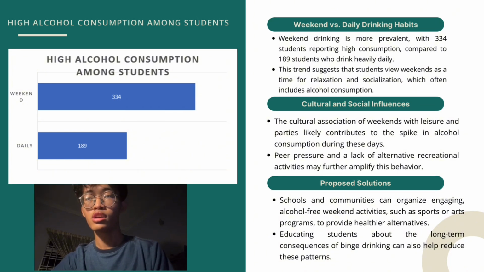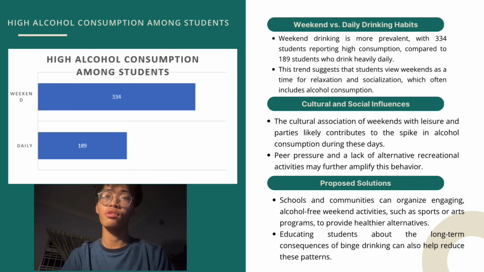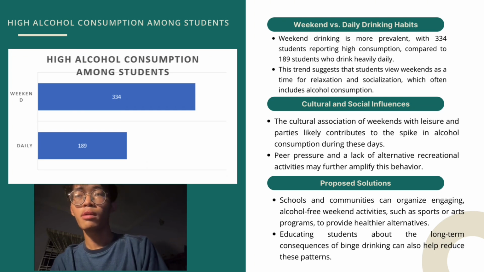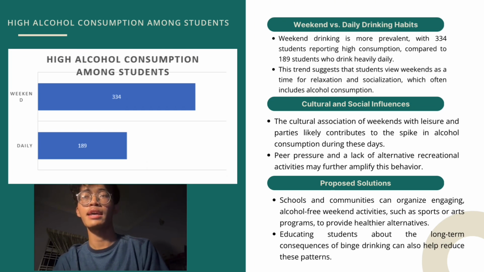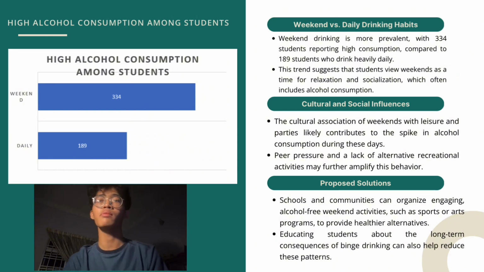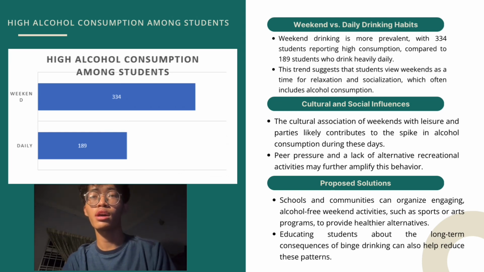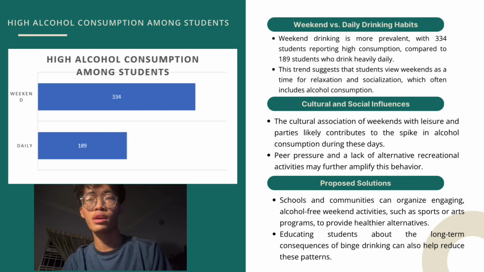This pattern shows a clear preference for weekend drinking, likely tied to leisure and social activities. The gap of 145 students highlights the need for interventions targeted at binge drinking behaviors during weekends. Schools and parents could promote alternative activities or campaigns to address this cultural trend.